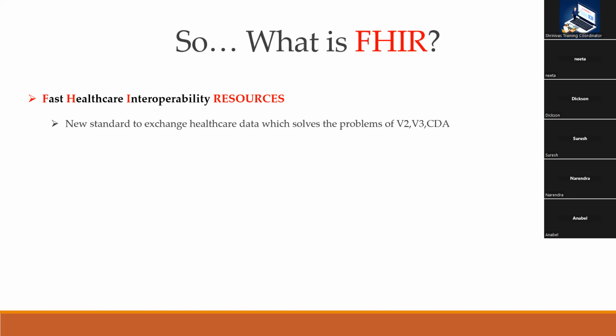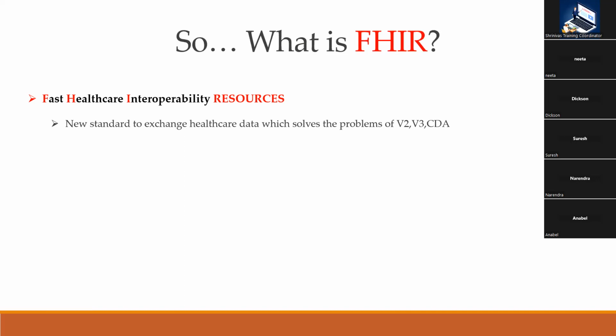Okay, for a small example, it has robust documentation, which was not present for V2, especially for CDA. There was no specific documentation which will help us understand the structure in detail, right? But with FHIR, that is not the case. With FHIR, we have a lot of information, a lot of documentation that is available, a lot of examples that you can go through.